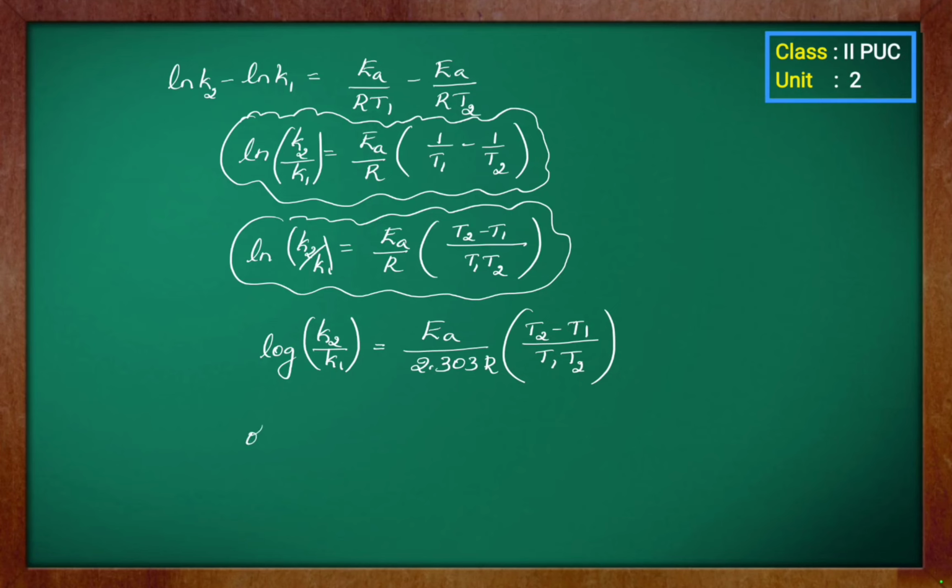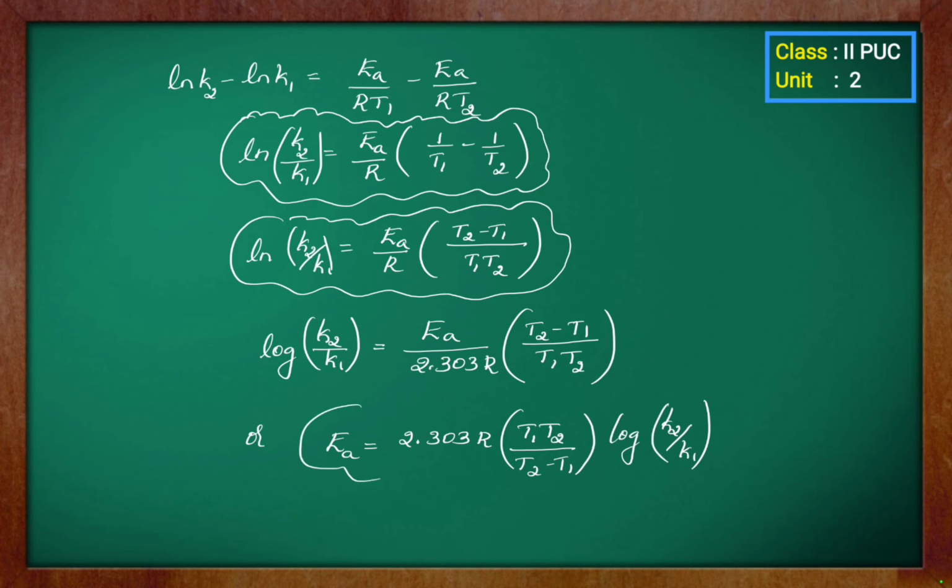If we rearrange this expression, I can write Ea is equal to 2.303 R T1 into T2 divided by T2 minus T1 into log of k2 divided by k1. So using this expression you can calculate activation energy for a reaction when you know rate constants at two different temperatures.